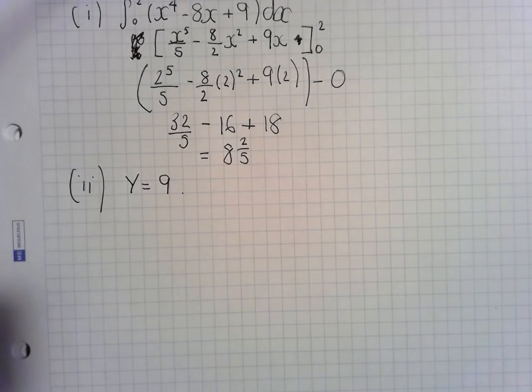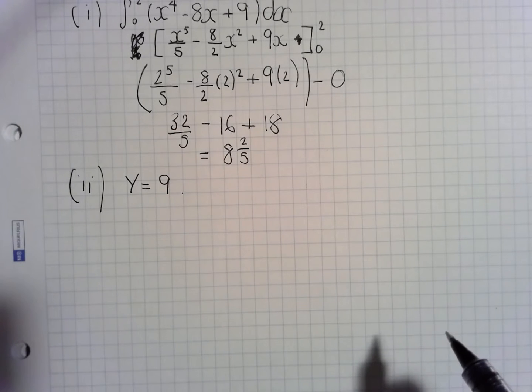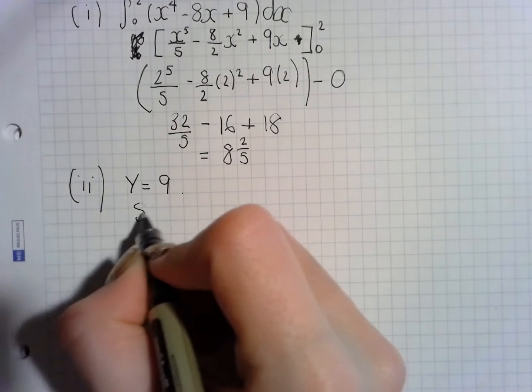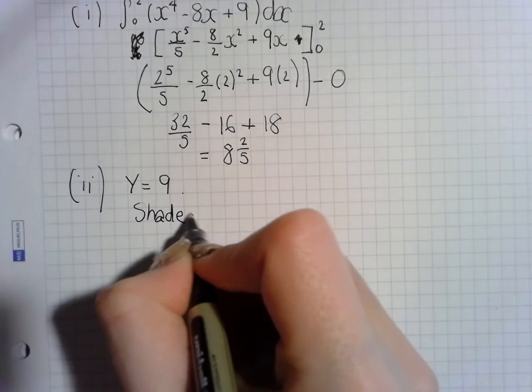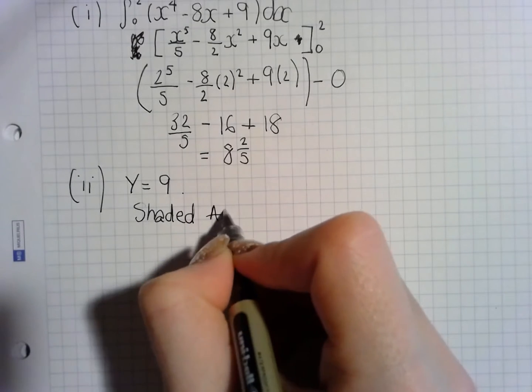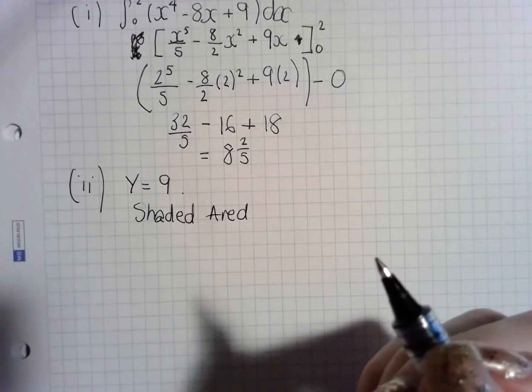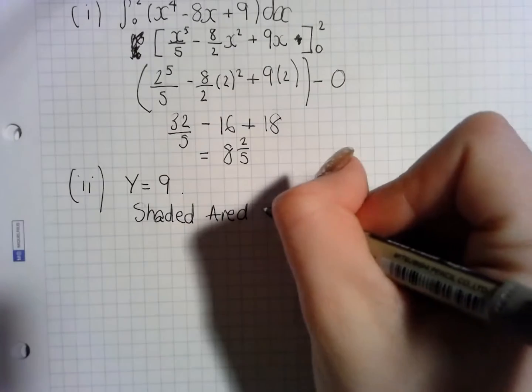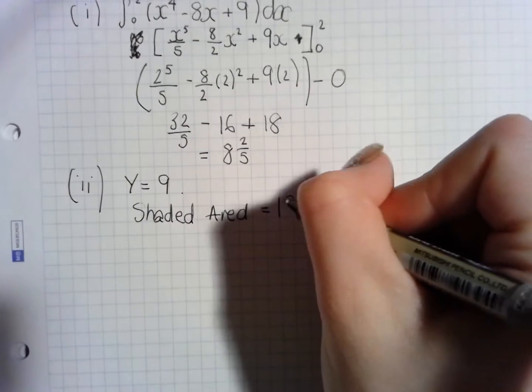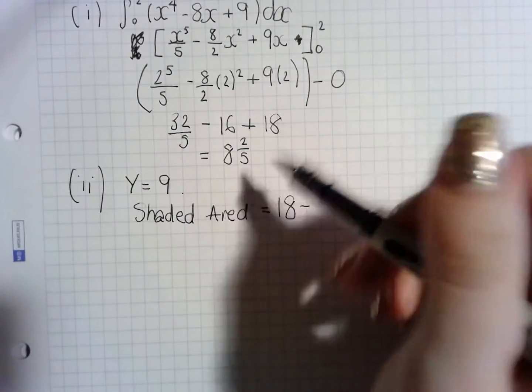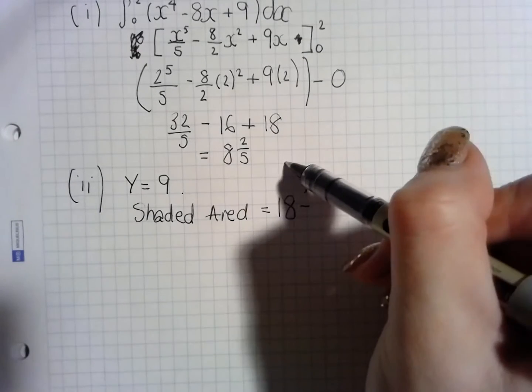What we do here is take the shaded area, and the shaded area is equal to 18 minus your integral value.